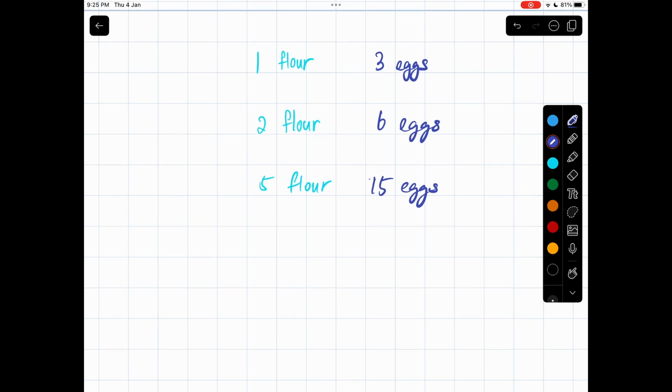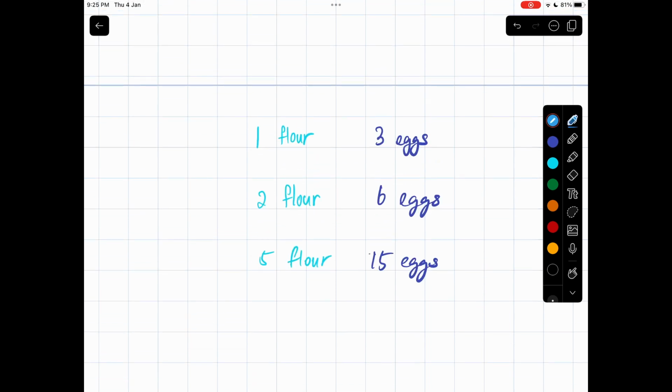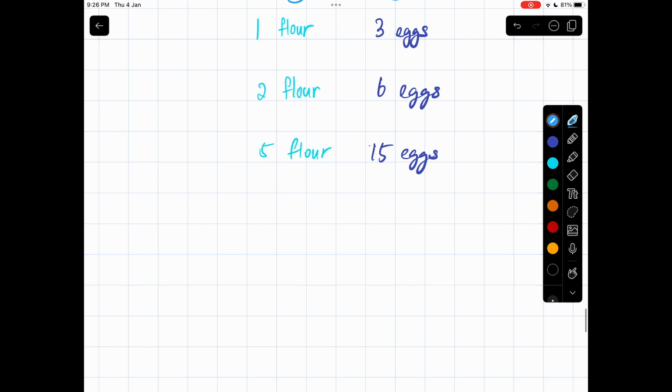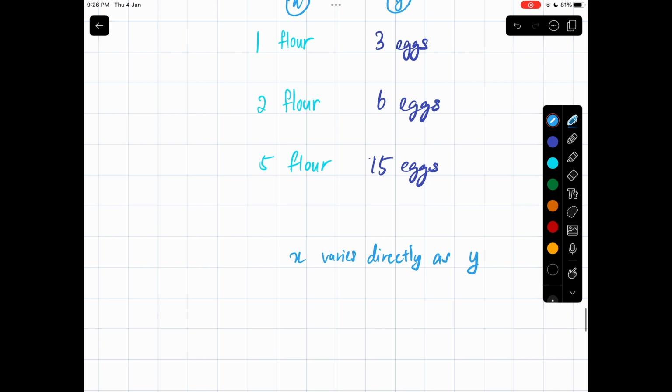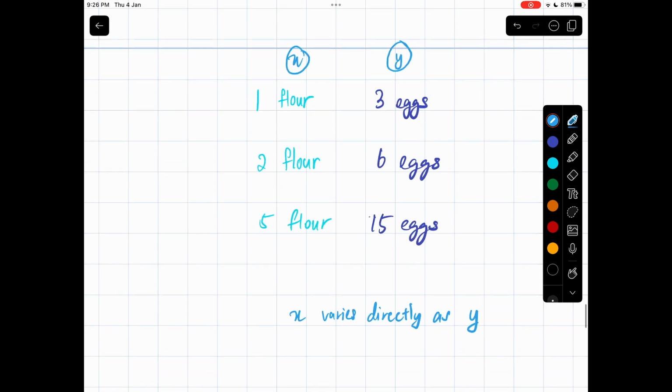So if we were to write this in the variation form, we would categorize flour as X and eggs as Y. So Y varies directly as X. Forgive me, I said Y twice.